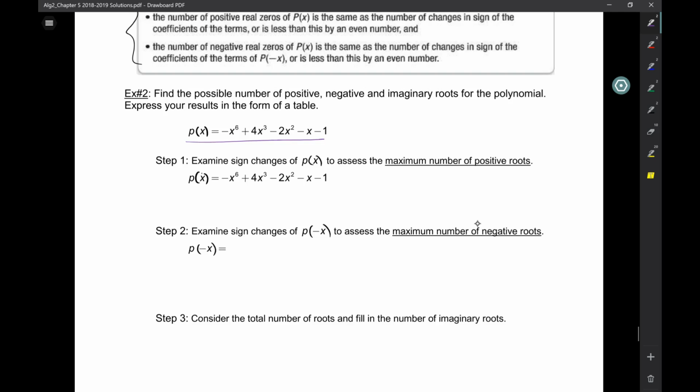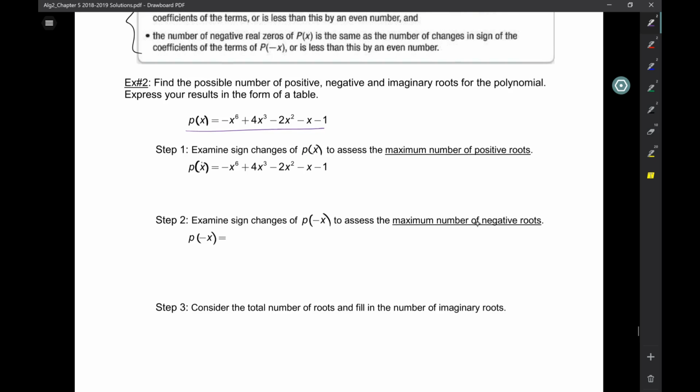So what we're going to do is this. You take p of x, and you want to examine the sign changes of p of x. Basically, you go down this polynomial, and you look at the coefficients, and you want to know how many times the coefficients alternate between negative and positive.